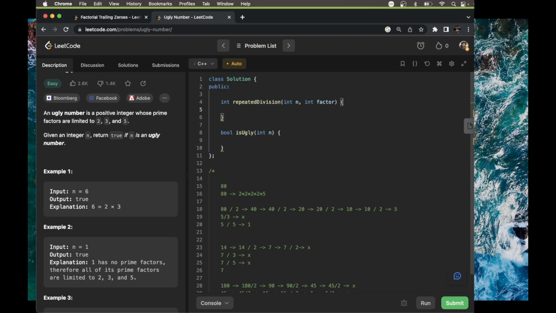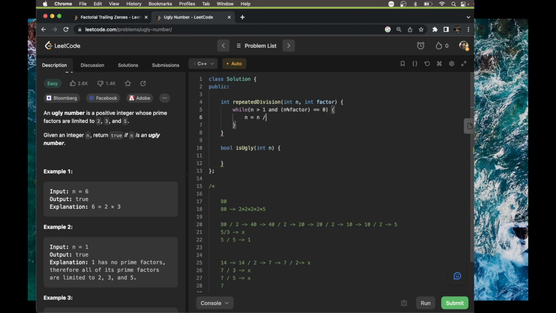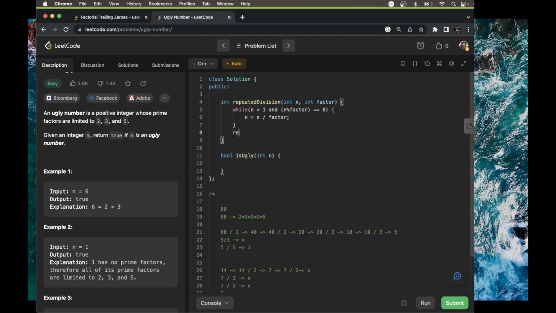You say while n is greater than 1 and n mod factor is equals to 0. That means the factor can divide n. What you will do, you'll say n is equals to n by factor. At last, just return n.